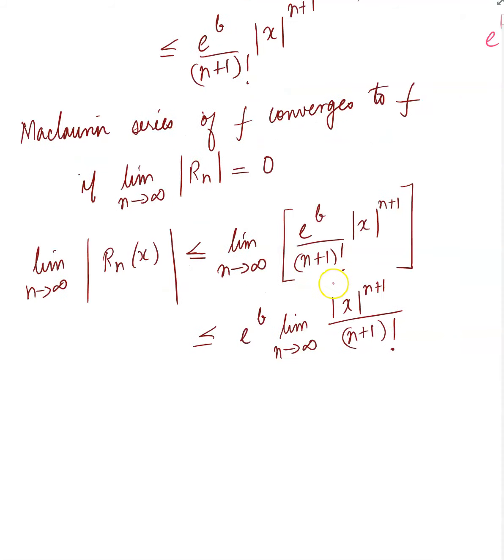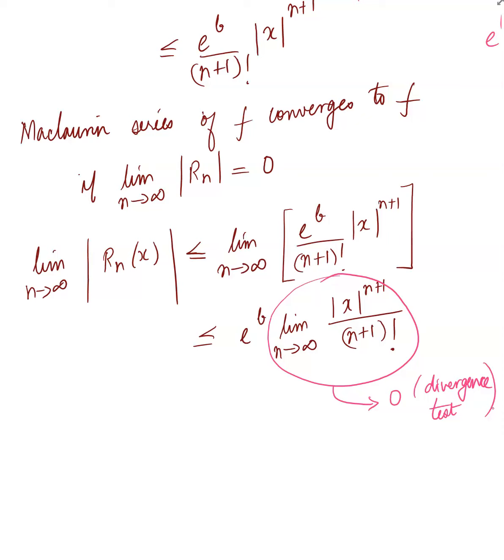If we recall the divergence test, this goes to 0. And that's from the divergence test. It was a problem on its own, so we're not going to go over that. We just have to call upon this. I know it's a little complicated. How do I remember these things would be your question.